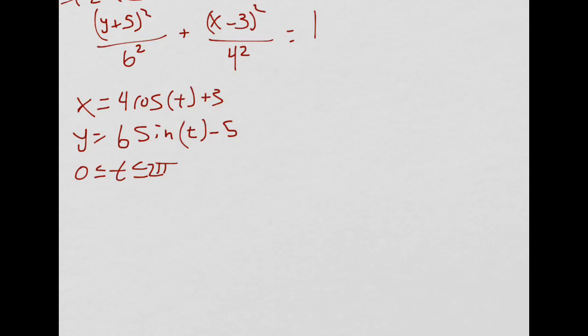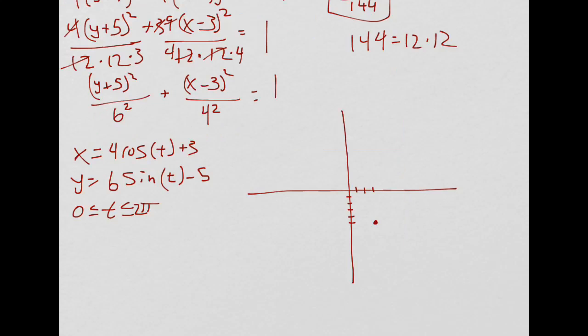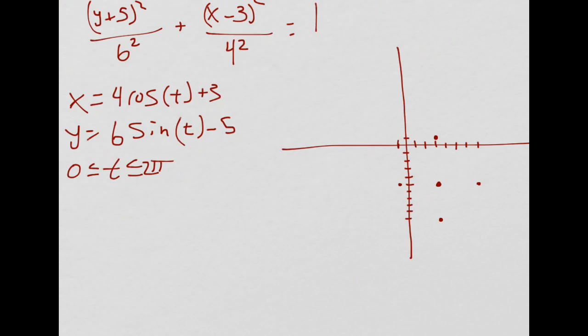Boom. And now let's sketch this graph and identify all of the important values. So let's get this going. Let's go ahead and plot the center at 3, negative 5. And let's use our a and b values to get our vertices and covertices. And let's use our equation c squared equals a squared minus b squared to find our value of c, so we can accurately plot our foci.